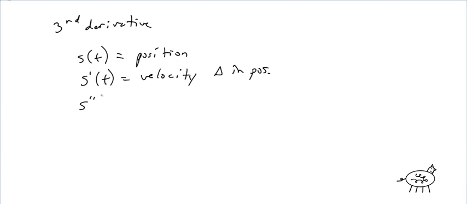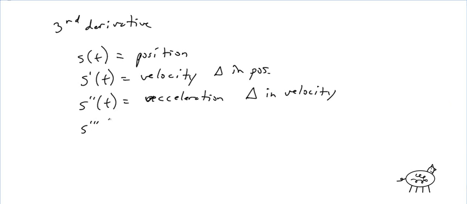Then we have s double prime of t, that's our acceleration, which is the change in velocity. And then the next thing is s triple prime. That is our change in acceleration.